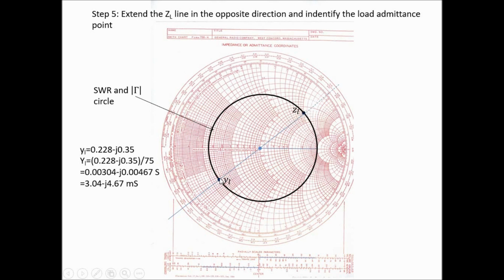Similarly, if you have YL here, the opposite will be ZL. So for YL, if you move this way, you will get the R values. If you move this way, you will get the X values. So the R value is this, the X value is this. Now you divide by Z naught, you will get the normalized value. So it is 3.04 minus j 6.47 millisiemens.